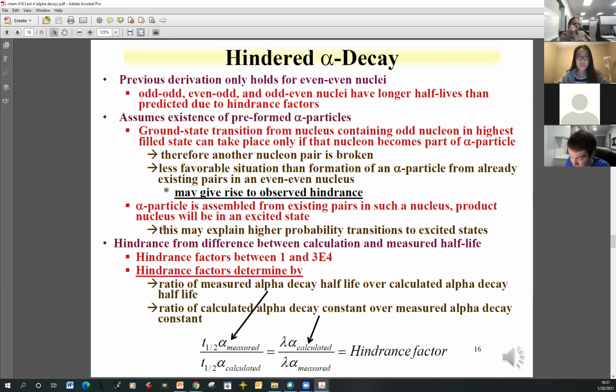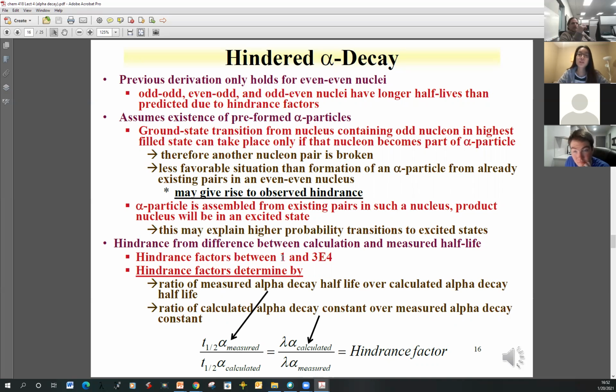There may be one or two nuclei where it's not true, but for almost every nucleus, the half-life hindrance factors are between 1 and 3 times 10 to the 4th. So they're all larger than 1, which means the measured value tends to be longer than the calculated value.